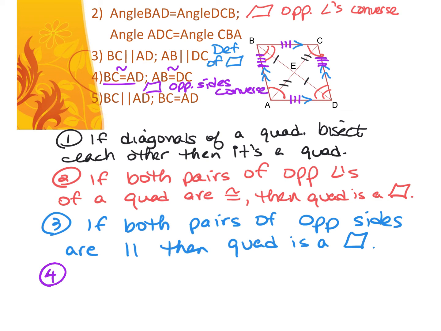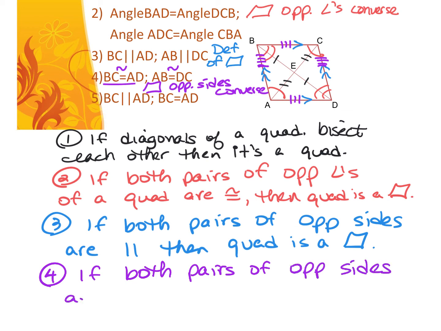This one says if both pairs of opposite sides are congruent, now instead of parallel, then the quadrilateral is a parallelogram.